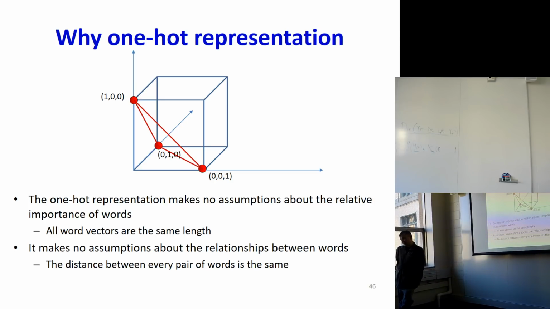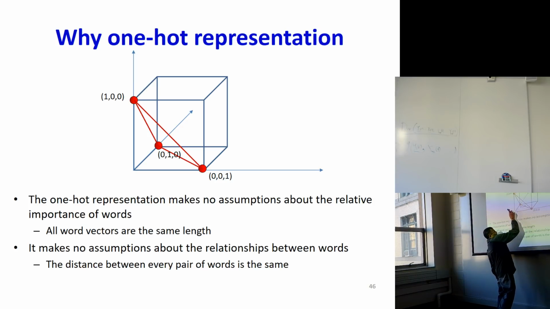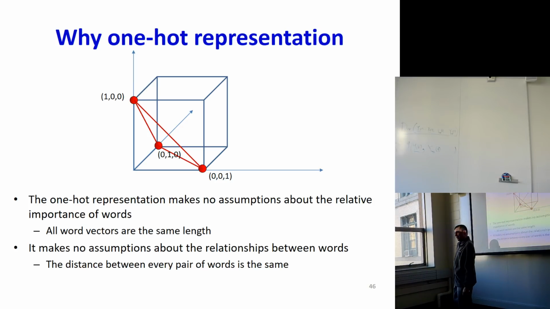Think of this. If I have a vocabulary of 3 words, the only 3 vectors I'm using are these 3. But if I draw a sphere of radius r, what is the volume of the sphere? I'm not speaking of combining different characters together.